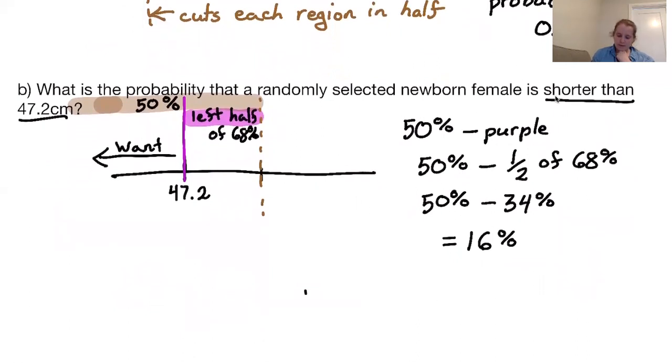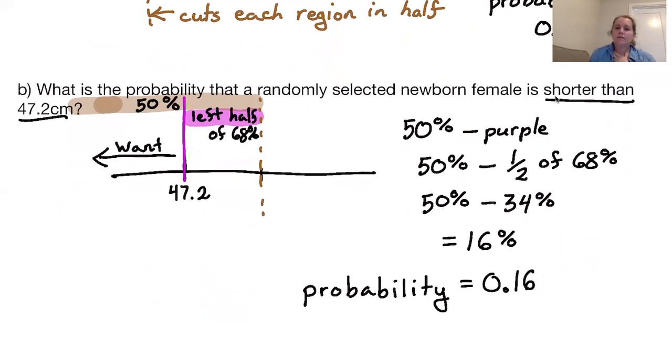So our probability here is 0.16. So anytime we want one side going forever, take advantage of the fact that we can subtract off stuff we don't want from that half.